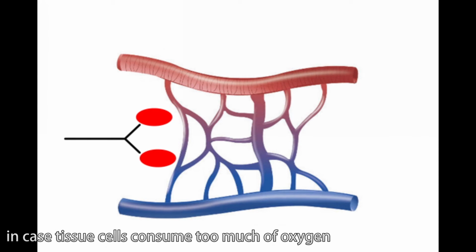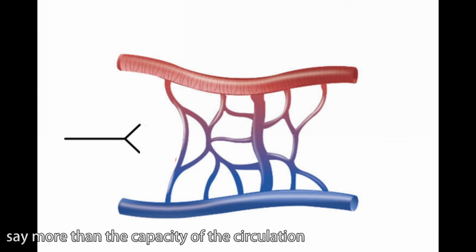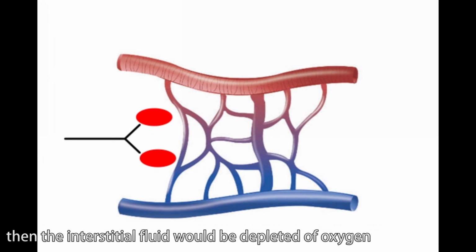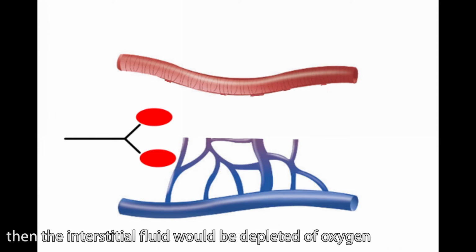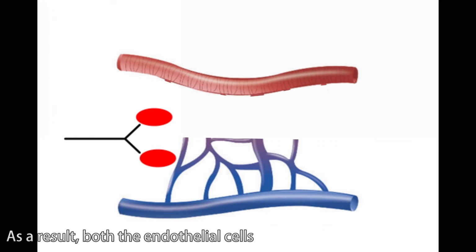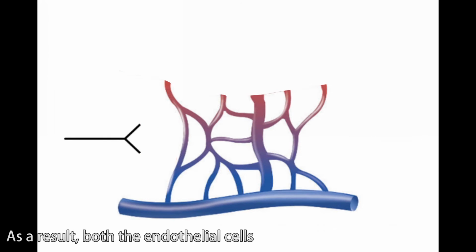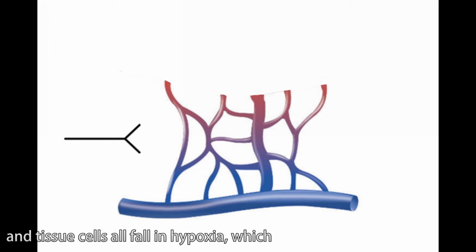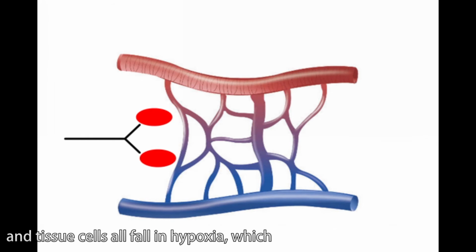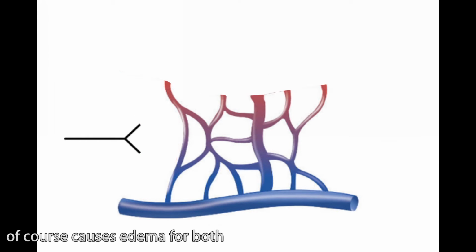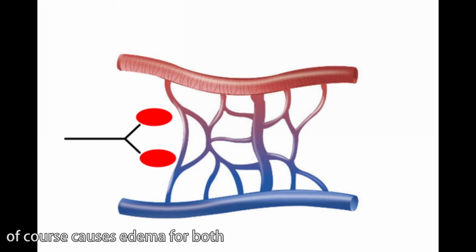Think about it. In case tissue cells consume too much oxygen, say more than the capacity of the circulation, then the interstitial fluid would be depleted of oxygen. As a result, both the endothelial cells and the tissue cells fall into hypoxia, which of course causes edema for both.